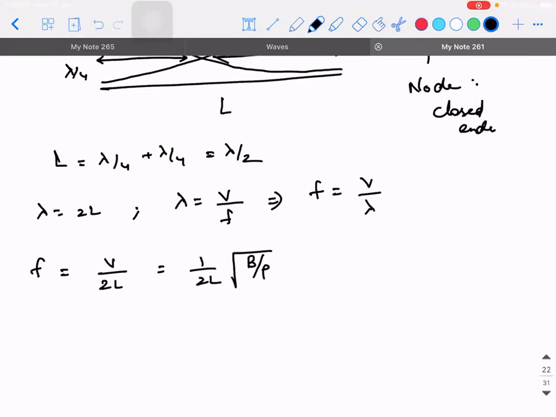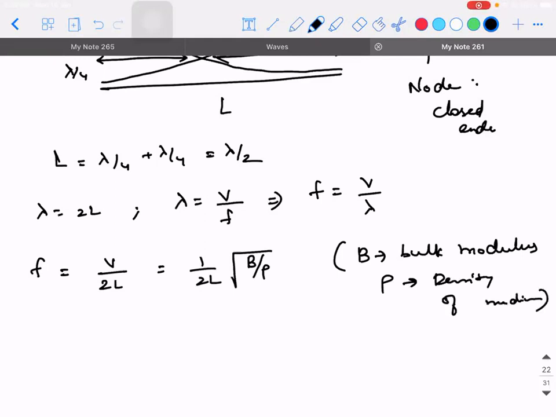The speed of sound in air medium is given as root of B divided by rho, where B stands for bulk modulus and rho stands for density of the medium. Please make a note of this point.